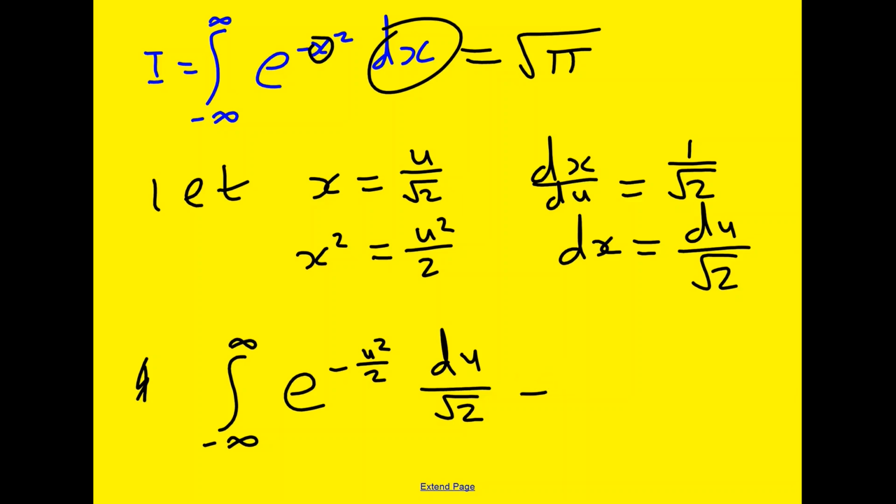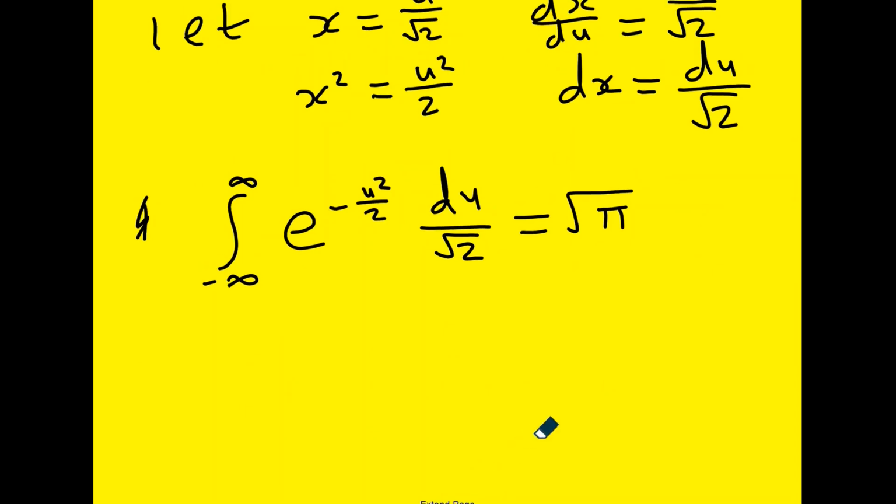and that will equal the same as we had before, that root pi, and therefore if we multiply through by root 2, we see that this integral on the left is actually equal to this thing here.